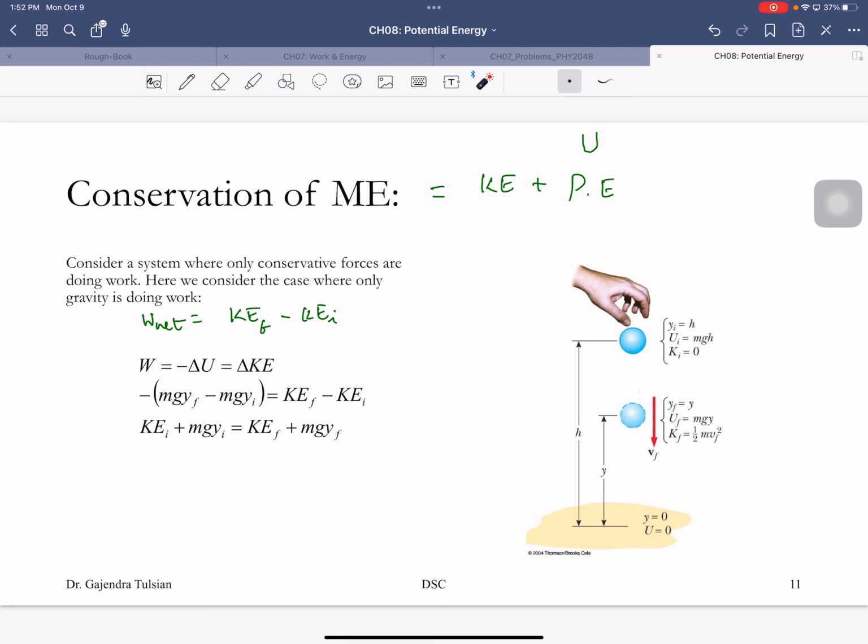So for instance, if gravity is the only force acting, work done by gravity is equal to this, and that's equal to that. Minus of minus is plus. We'll bring that over here. So initial kinetic energy plus initial potential energy is equal to final kinetic energy plus final potential energy. That's what this is saying. So when only conservative forces act, the sum of kinetic energy plus potential energy at an initial point is equal to the sum of kinetic energy plus potential energy at the final point.